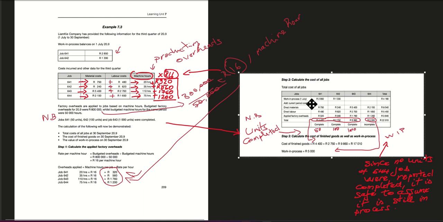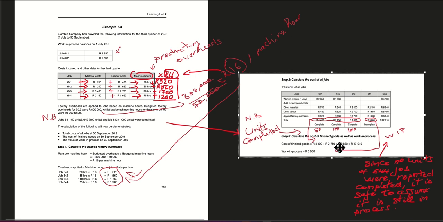When you look at the table in your answer here, you will see that it says completed, completed, completed. I've added the units that were completed, and for the 4th job it is incomplete. So when we're calculating the cost of finished goods, we're only going to take the jobs that were completed.